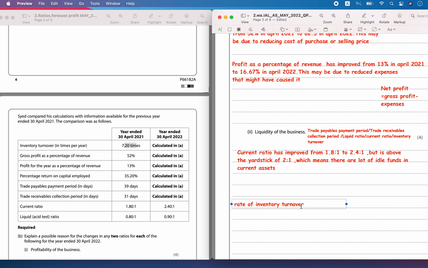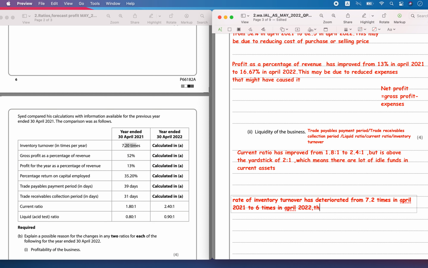So the rate of inventory turnover has deteriorated from 7.2 times in April 2021 to 6 times in April 2022. Possibly this may be due to the increased purchase of inventory. This might have happened.